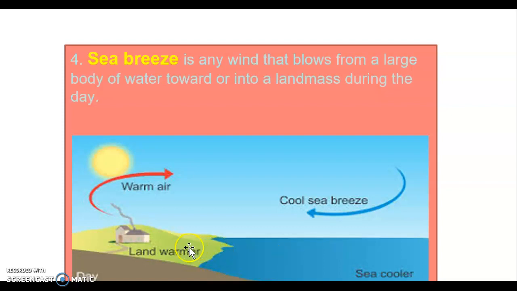So during the day, when the sun rises up here, the land will absorb the heat coming from the sun, and that warms our land very fast. But for the water here, it takes time to absorb heat. That's why water heats up slower than the land.